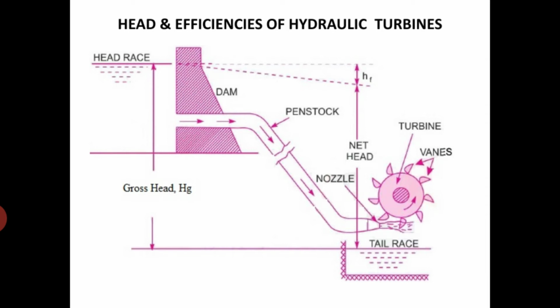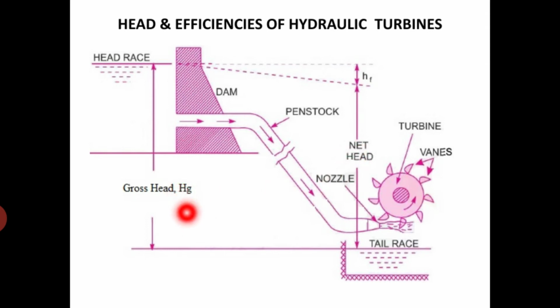The different heads involved in the analysis of hydraulic turbines are, first, the gross head. It is marked as HG here. Just look here: this is the gross head and this is the net head. How can the gross head be defined?